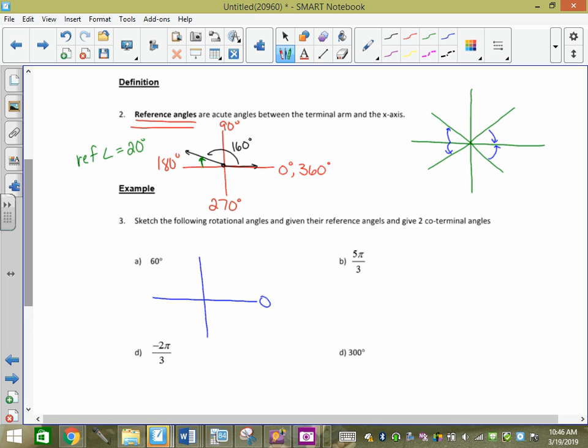So you go 0 degrees, 90, 180, 270, 360. So I'm going to draw 60. 60 is 30 less than 90, so it'll be like here, and 60.